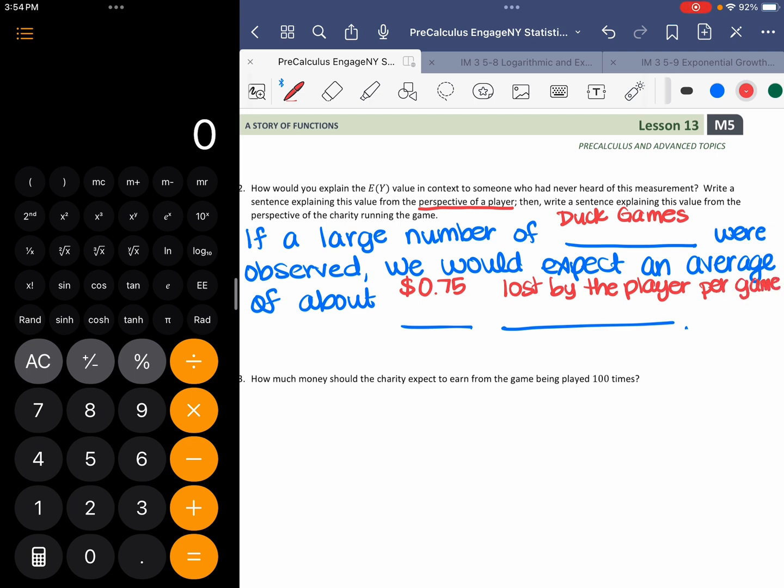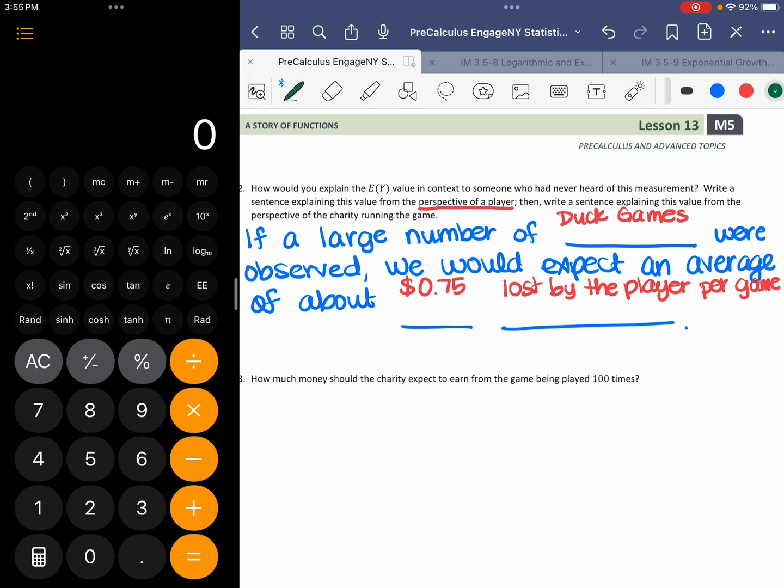That's one way of framing this, right? If I'm saying that the player wins negative 75 cents, then on average, our player is losing 75 cents each game.